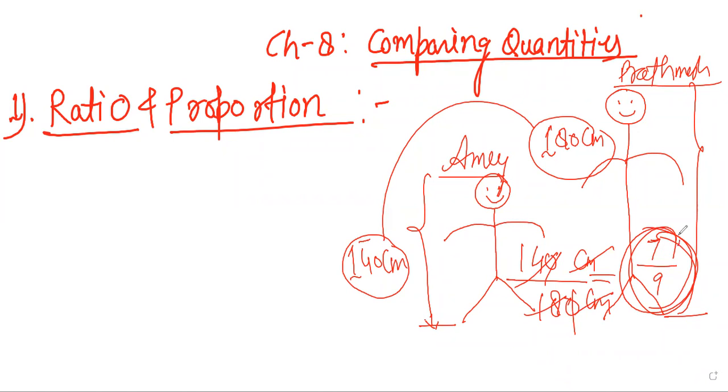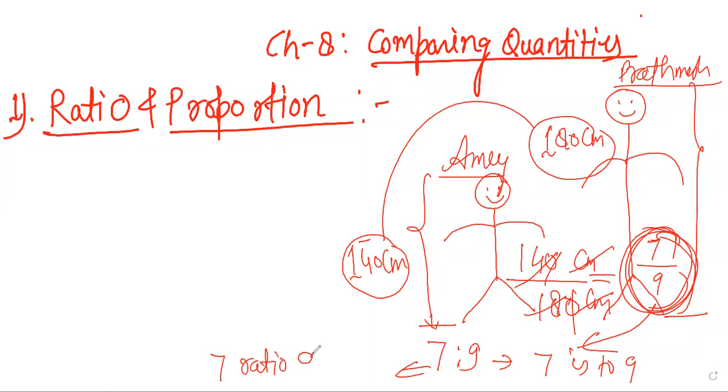That means 7/9 will be written as 7 is to 9. This is read as 7:9. 7/9 or 7:9, both are the same thing.